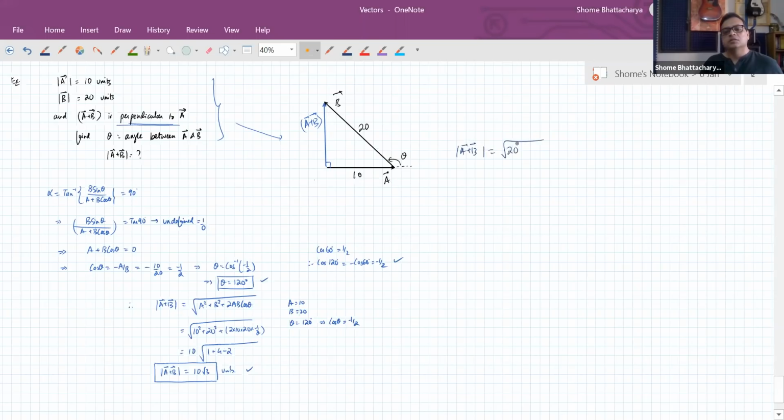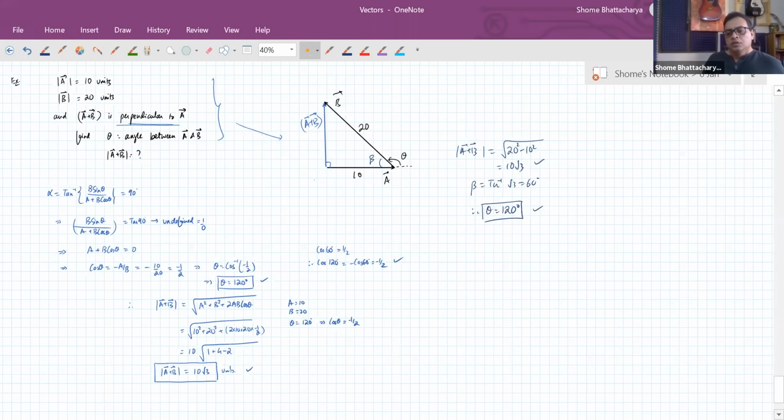So it is 10 root 3. Okay. And we can see that this angle, suppose we denote this as beta, that beta is tan inverse of root 3 or 60 degrees. So therefore naturally theta is 120 degrees. So both the results are justified by the geometrical method.